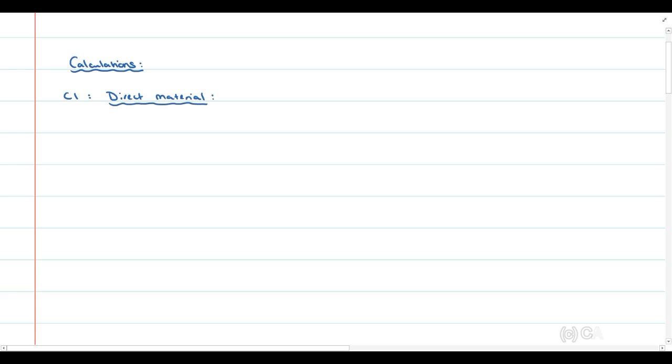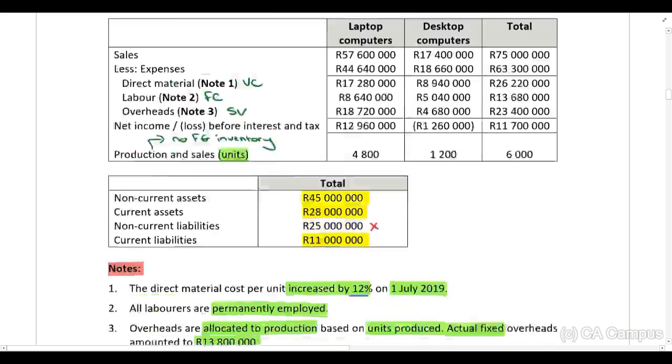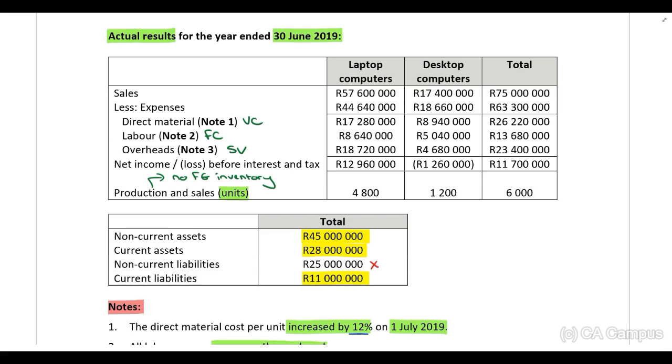We know that the direct material cost per unit increased by 12% on the 1st of July 2019. So what we need to do for both products is we need to calculate the direct material cost per unit. We've got the cost in total. So if you want the cost per unit, you obviously just need to divide by the number of units. And then the cost per unit needs to increase by 12%. So let's perform that calculation.